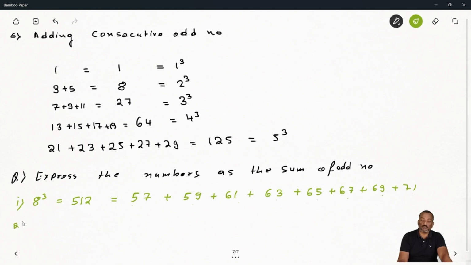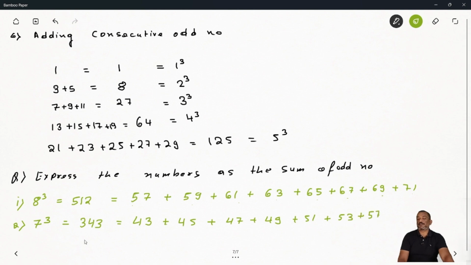Similarly, suppose the question is 7 cube. 7 cube is 343. So you can write, starting from 43: 43 plus 45 plus 47 plus 49 plus 51 plus 53 plus 57.